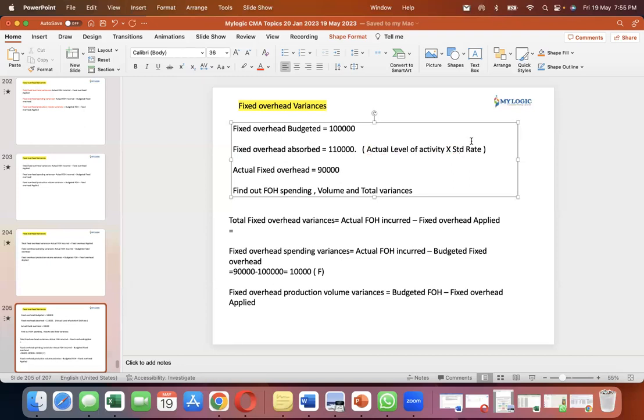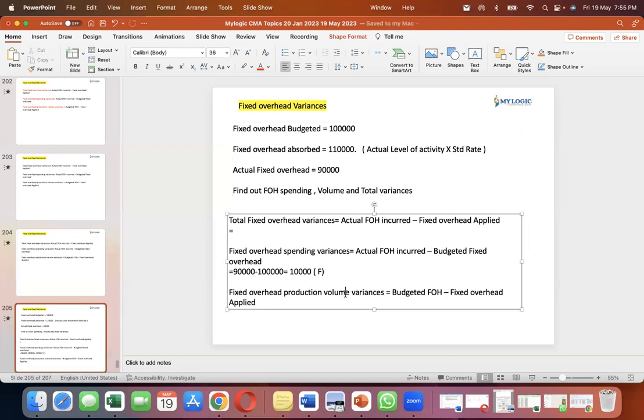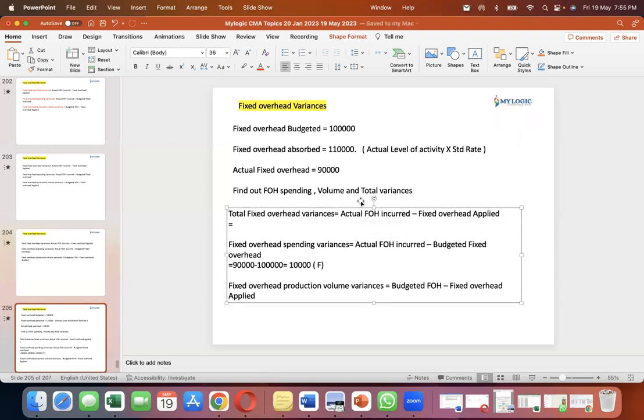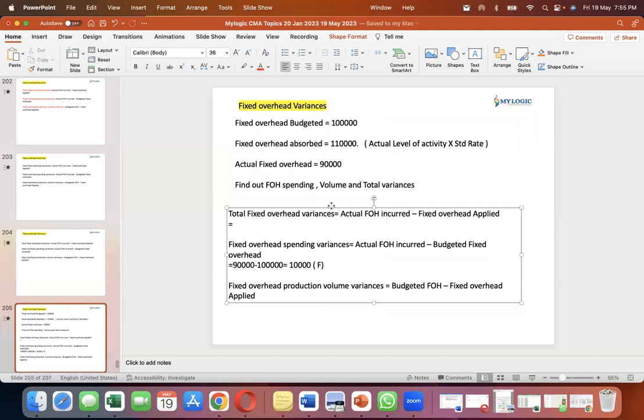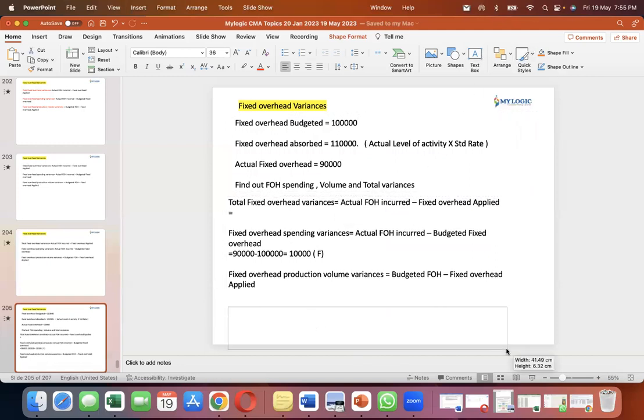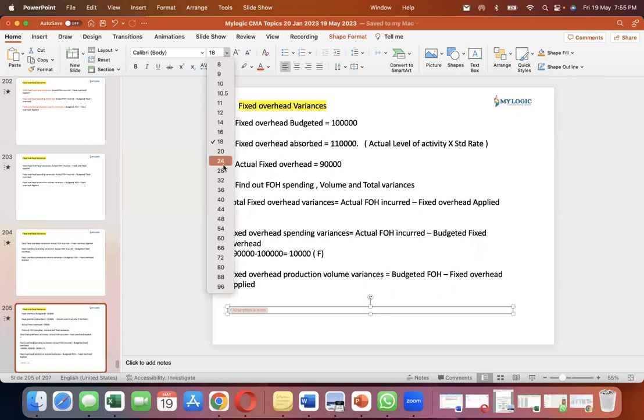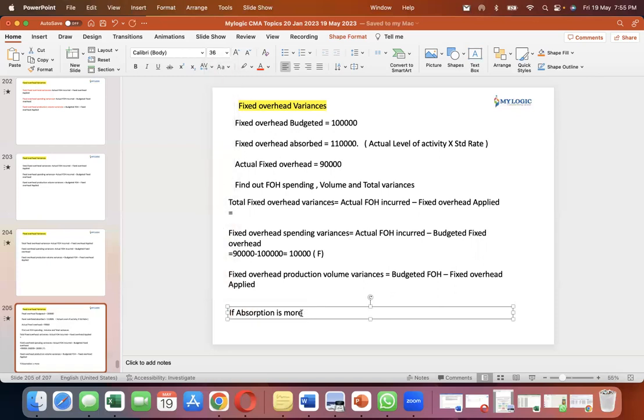If my absorption is more, which means that if my absorbed overhead is more, which can happen only if my actual level of activity is more. Everyone agree with me? Absorption.